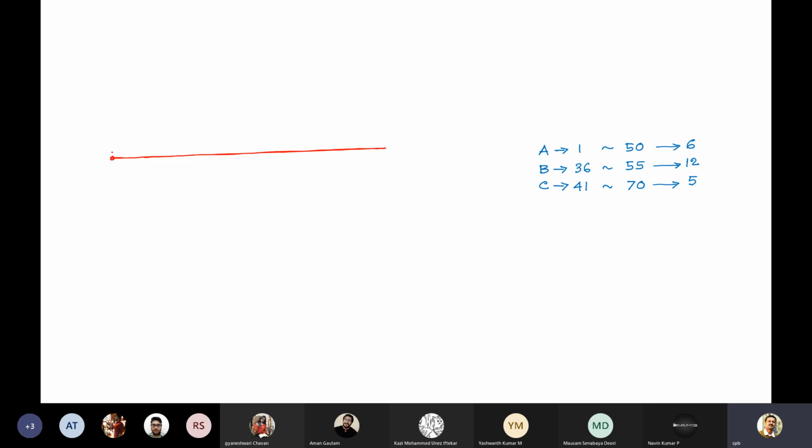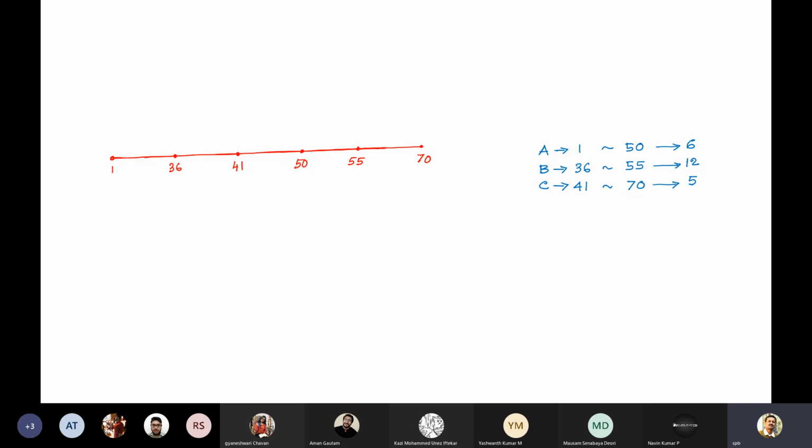Next higher number is 36, then 41. Next higher number is 50. Next higher number is 55. And finally, this is 70, right? So I have taken 36, 41, 50, 55 and 70.